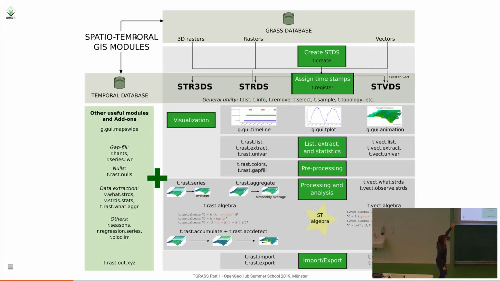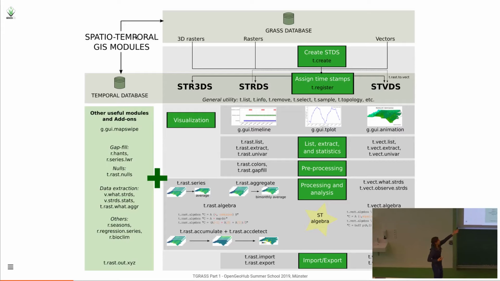Up there we have our GRASS database, that would be our GRASS data folder, with our rasters, 3D rasters and vector maps. With those maps, we can create time series just by assigning timestamps to them. So it's just adding some metadata.